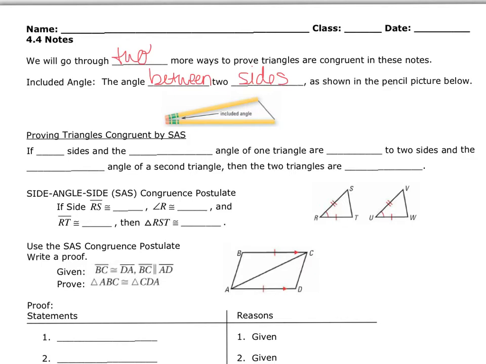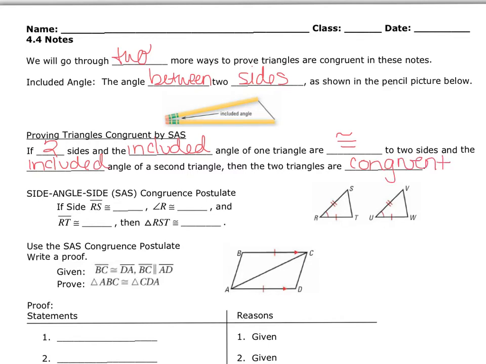So the next way we're going to add to our congruence postulates is side, angle, side. So if you have 2 sides and the included angle of one triangle, if they are congruent to 2 sides and the included angle of a second triangle, then the 2 triangles, lo and behold, are congruent.